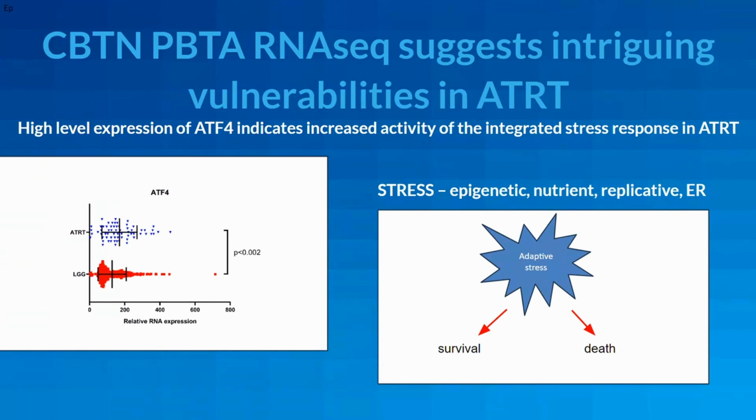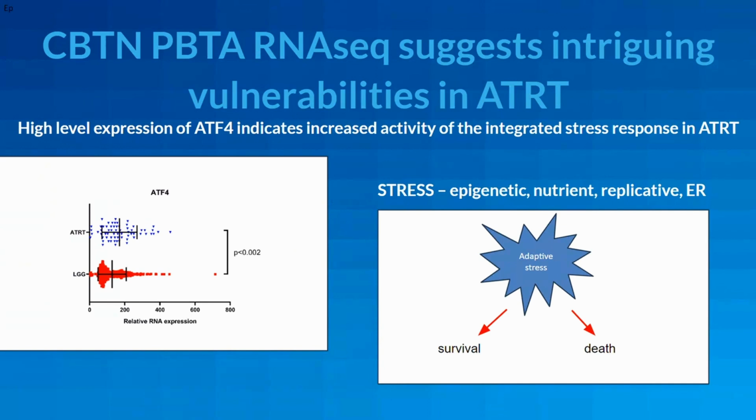And you can be stressed by a lot of things if you're a cell or a person, but it turns out that this is evolutionarily very conserved, all the way down to yeast. When you're starving, you access this ATF4, and it leads to either an adaptive response where you survive, or if it's prolonged, you go over and you die, oftentimes from apoptosis.